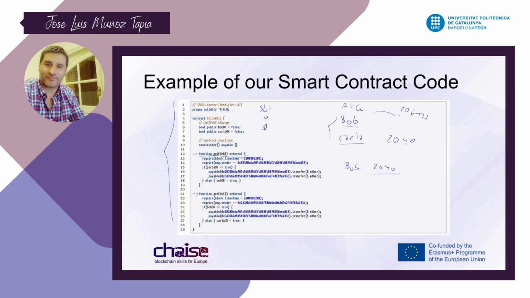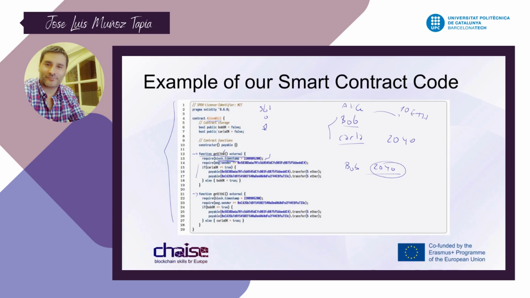This line here is saying, hey, the transaction that is trying to execute this function must be included in a block, and check the block timestamp and see if this is beyond 2040. If it is beyond 2040, then proceed.